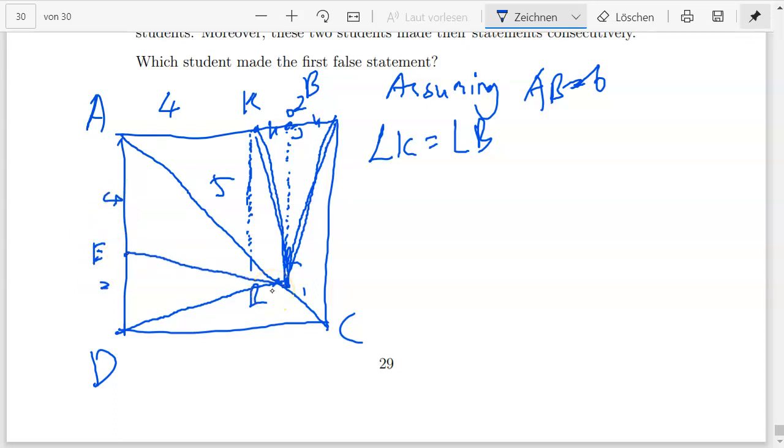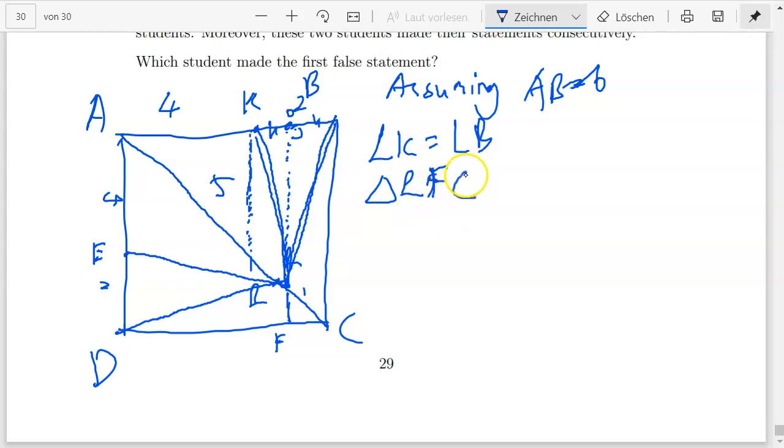Now I want to draw this downwards, so maybe I can write a point F over here. If I draw downwards, this means that triangles LFC and ADC are similar, sorry for the bad notation.